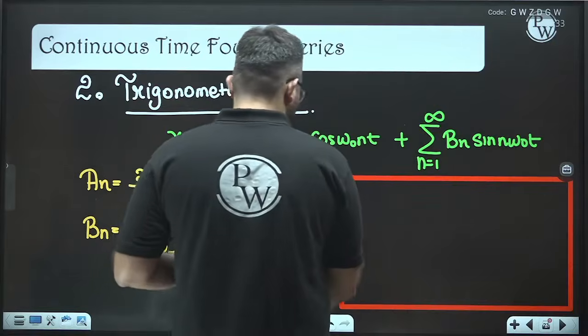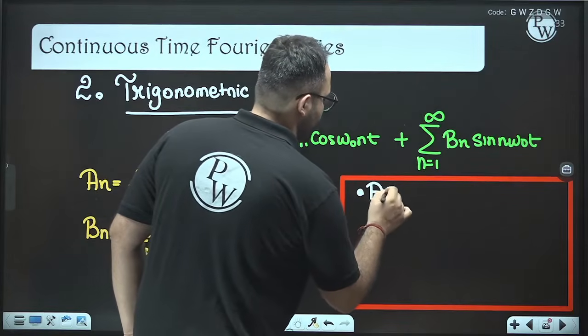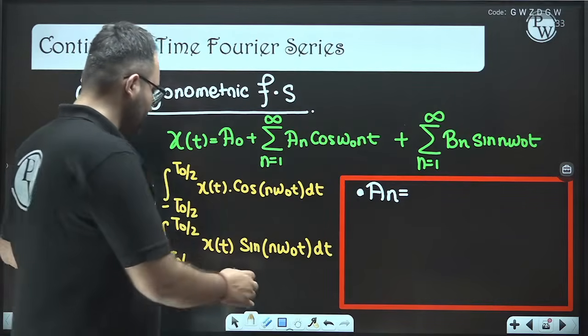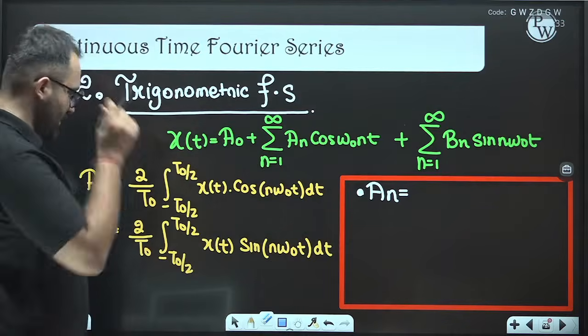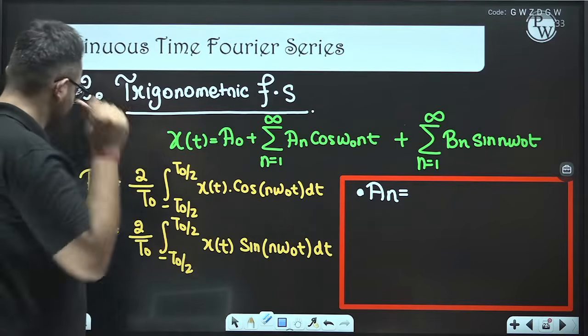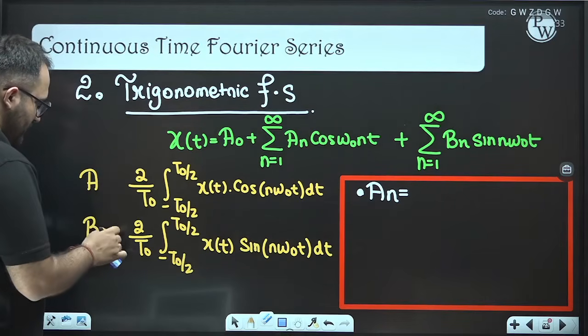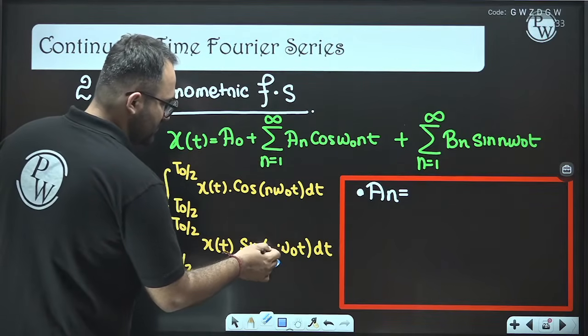Here we can write ak also, right? We only need to change the variable. In place of n, I'll use k because I've used k in the last slide.